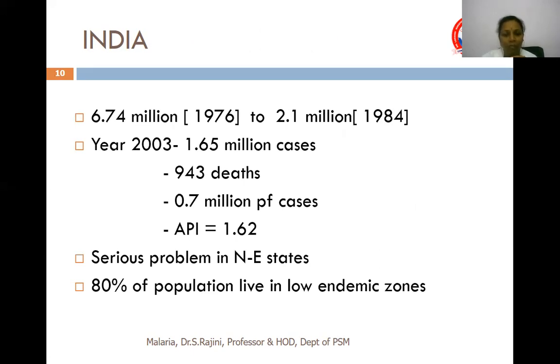And API, what's the API? The API is annual parasite incidence. So annual parasite incidence is 1.62. So we have more number of cases in the northeastern states, and 80% of the population live in the low endemic areas.